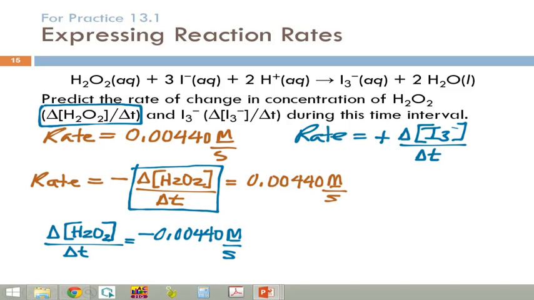Its concentration is increasing, and so the rate equation doesn't need a negative. And the coefficient here is 1. And so this is just equal to that. So the H2O2 is decreasing at a rate of 0.00440 molarity per second. The I3 minus is increasing at a rate of 0.00440 molarity per second. Any questions?